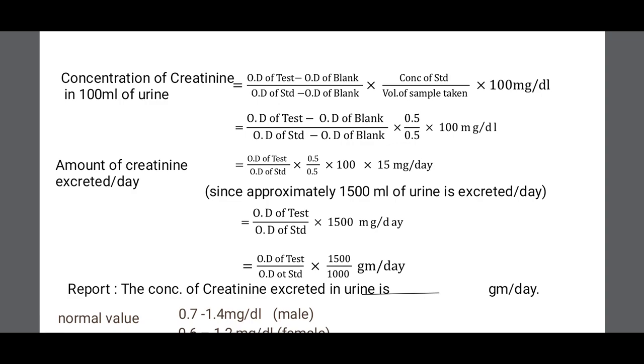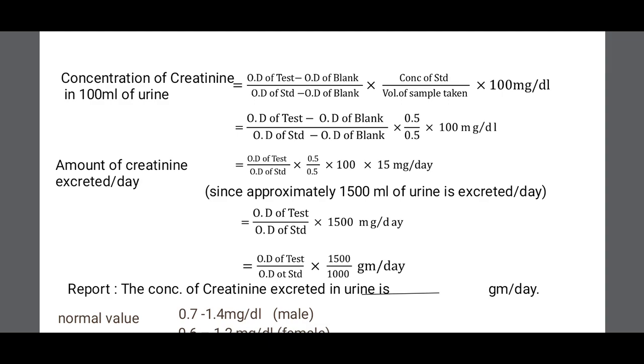Then we read the OD. The concentration of creatinine in 100 ml of urine is given by the formula: OD of test minus OD of blank, divided by OD of standard minus OD of blank, multiplied by the concentration of standard by volume of sample taken, into 100, in mg per dl.